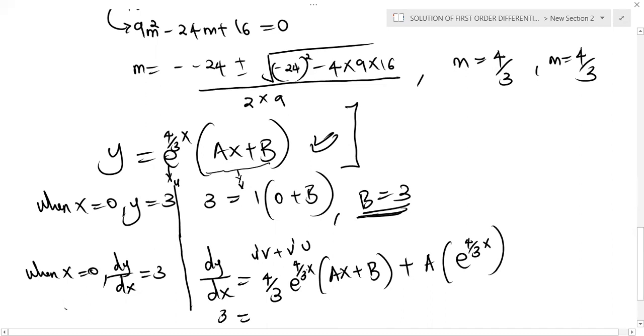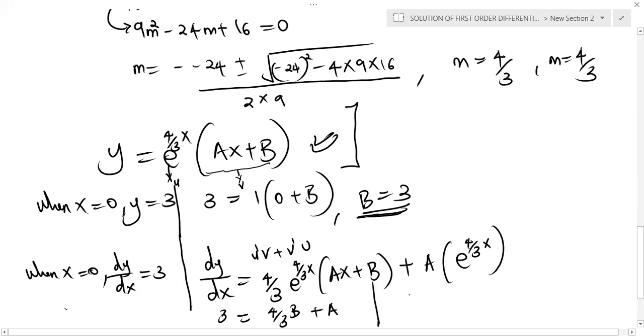Replacing the values, we've been told that when x is 0, dy/dx is 3. So replacing 0 here, we'll have 1. So that will give us 4 over 3. Replacing 0 here, we'll have 4 over 3 b. Replacing 0 here, we will have 1. So 4 over 3 b plus a. But from this first point here, we know that the value of b is 3.